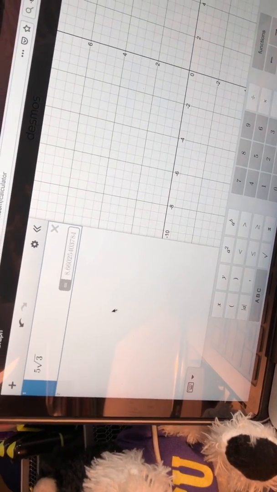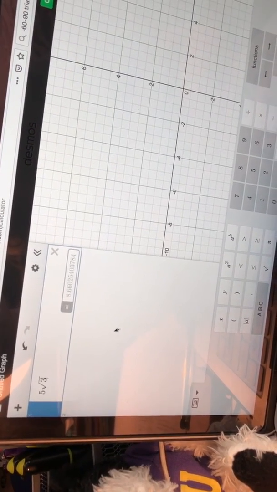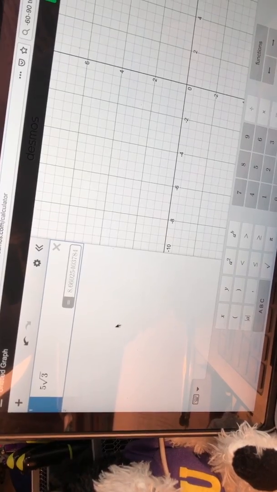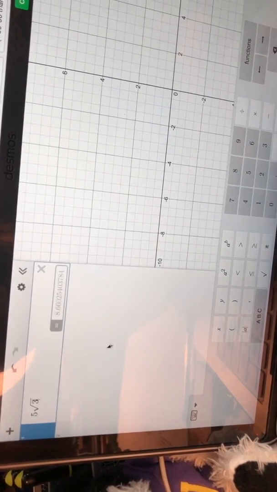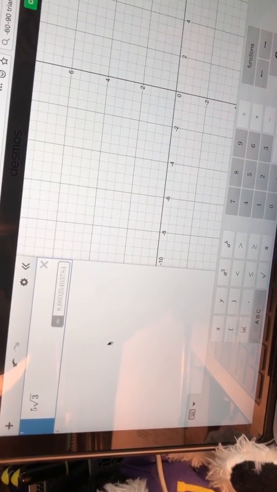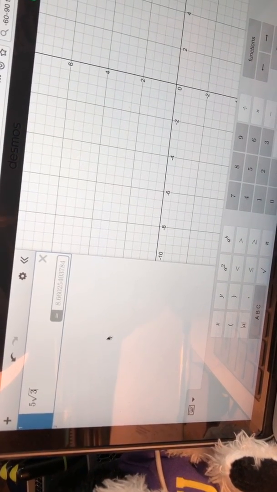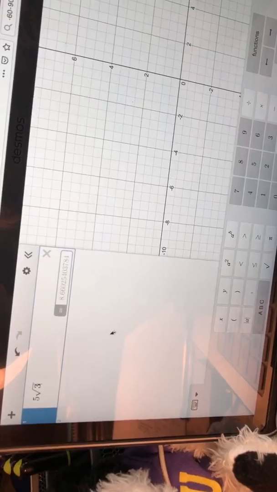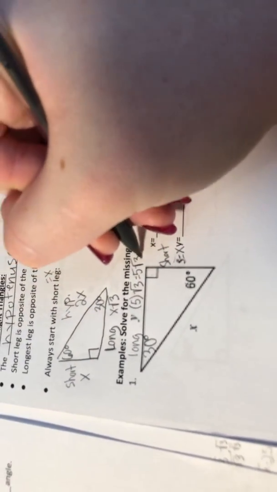Now, in these examples, it does not tell you to have the exact value or the decimal, but I'm going to keep it as 5 times the square root of 3 because I want it to be the exact value instead of a rounded decimal. But if you wanted to put 8.7 or 8.66, that's fine as well. So for our longest side, we just have 5 times the square root of 3.